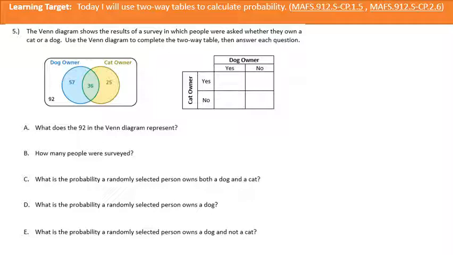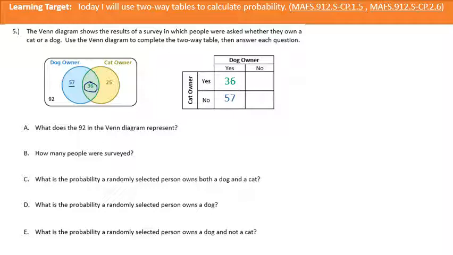So we have cat owner and we have dog owner. Start in the middle. 36 people are in the middle of both. So 36 people are both dog owner and cat owner. 57 people say yes to a dog and no to a cat.